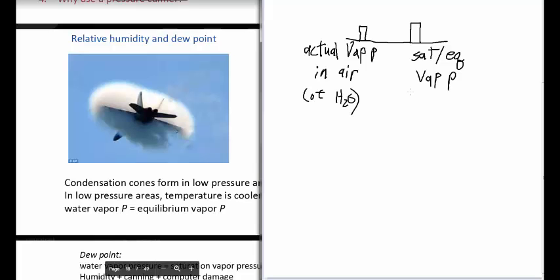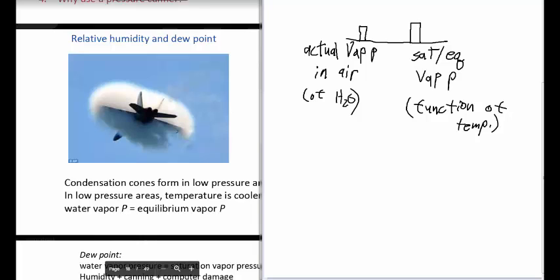So the actual vapor pressure is dependent on the weather today, or in August it's going to be more humid, right? And the saturated or equilibrium vapor pressure is a function of temperature. So therefore, if you get this condensation, the temperature must be going down to decrease the equilibrium vapor pressure. And here's, to the best I can figure, why that happens.